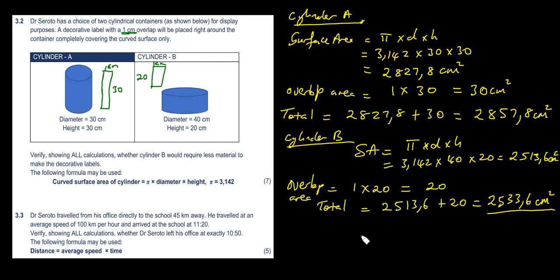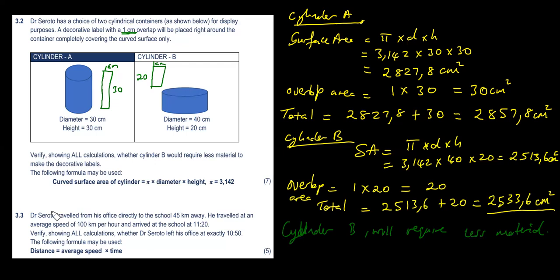So we are verifying whether yes, cylinder B will require less material to make the decoration. So that's what we have here.